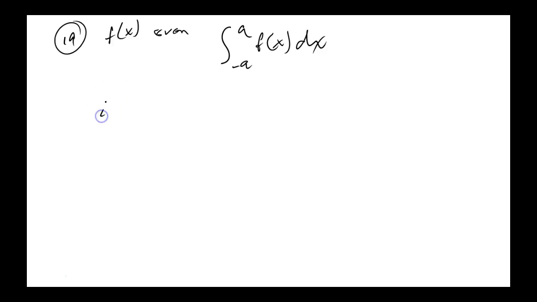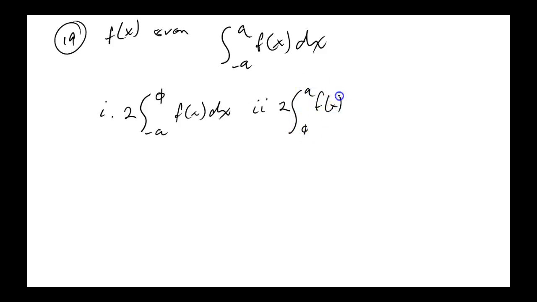Roman numeral I is 2 times the integral from minus a to 0 of f of x dx. II is 2 times the integral from 0 to a of f of x dx. And III is minus the integral from a to minus a of f of minus x dx.